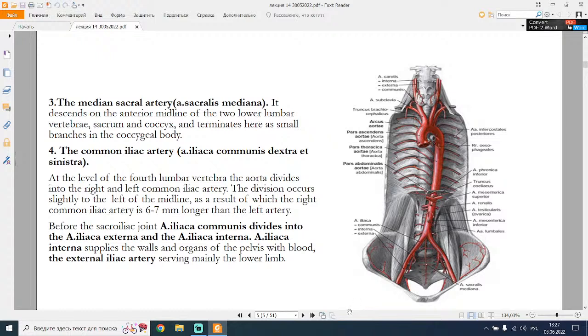Arteria iliaca interna supplies the walls of the organs of the pelvis with blood. The external iliac artery serves mainly the lower limb. It supplies the lower limb.